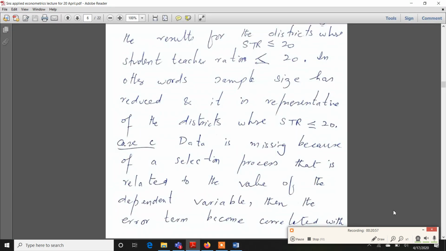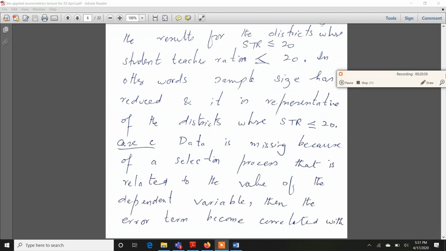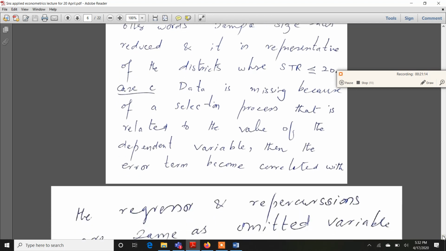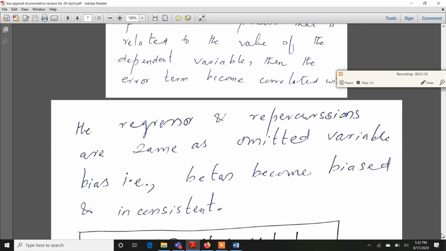If this type of scenario happens, it means I am intentionally excluding all the high earners from my sample. So now the error term will become correlated with the regressor, and the repercussions are the same as the omitted variable bias. That is, betas become biased and inconsistent.